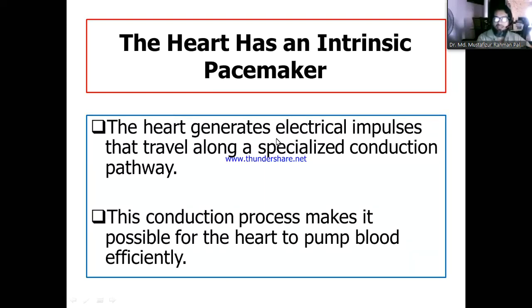The circulatory system and the conduction system are attached to one another, and they should be synchronized. One of the major functions of the conduction system is the synchronization of the action potentials and the contraction and relaxation of the heart, so that the heart can pump the blood efficiently and properly.